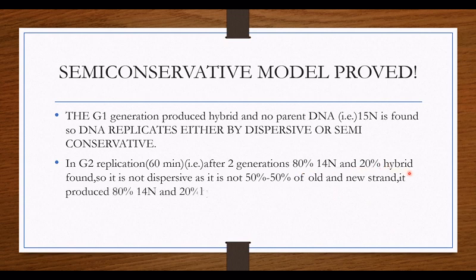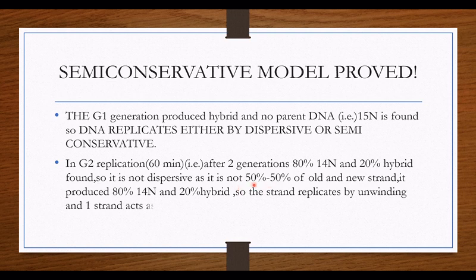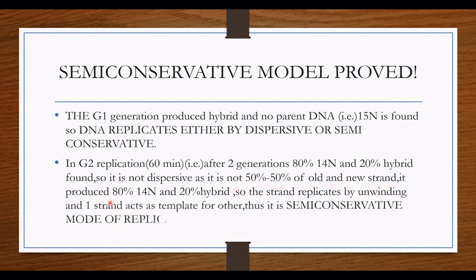So it is not dispersive because it doesn't have a 50% ratio of old and new strand. It produced 80% 14N and 20% hybrid. So the strand replicates by unwinding and one strand acts as the template for the other. Thus, it is the semi-conservative mode of replication.